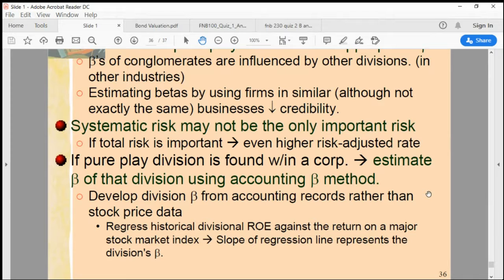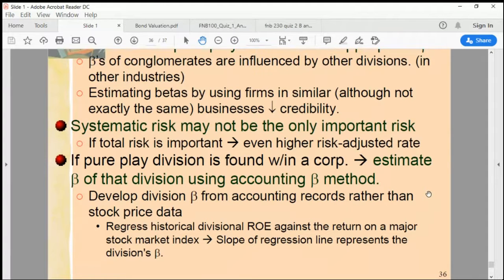By running the regression of the division's return on equity against the market return, you can develop the security market line, the regression line.